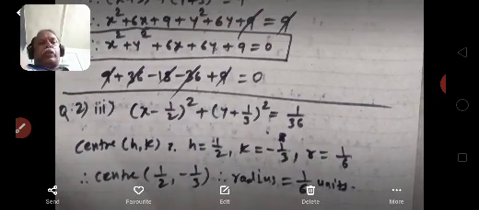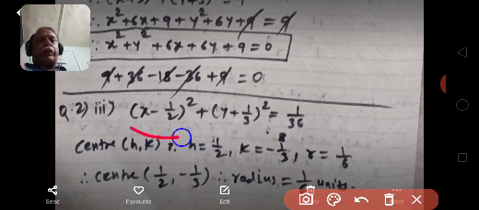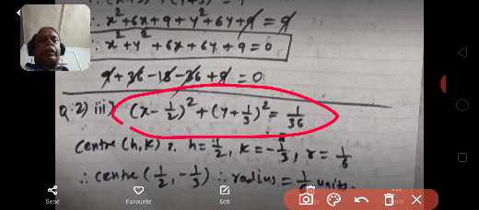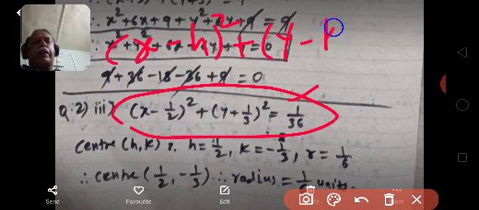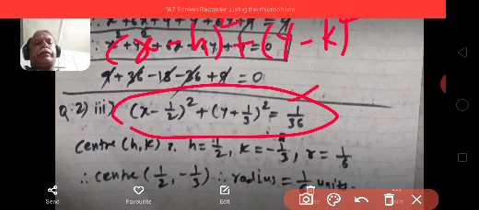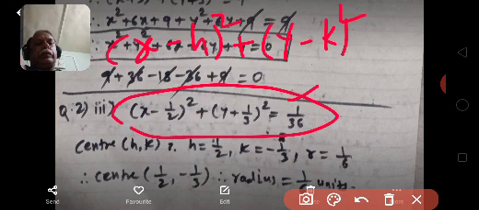Now in question 2, third sub question, they have given the equation of the circle: x minus half bracket square plus y plus 1/3 bracket square is equal to 1 upon 36. Now compare this equation with the center radius form: x minus h bracket square plus y minus k bracket square is equal to r square.